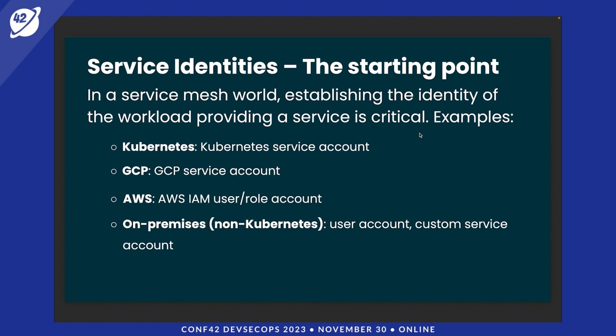You can use the Kubernetes service account, and it basically becomes the identity for the application running with it. You can also use a GCP service account or AWS IAM user role, or if you are deploying Kubernetes on-prem, you can use a user account or some other account that you have. But in most cases, you will be using the Kubernetes service account.